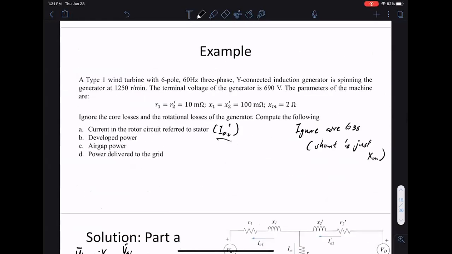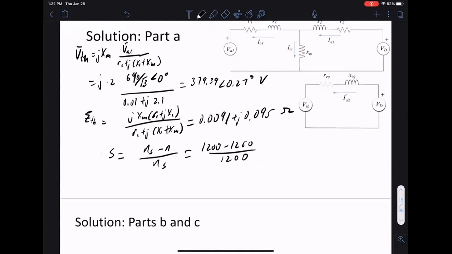Again, we can use a formula: 120 times the frequency, 60, divided by the number of poles. This is 1200 RPM. Or you can directly recognize that since the speed is 1250, the synchronous speed has to be 1200. So the slip is minus 0.0417.